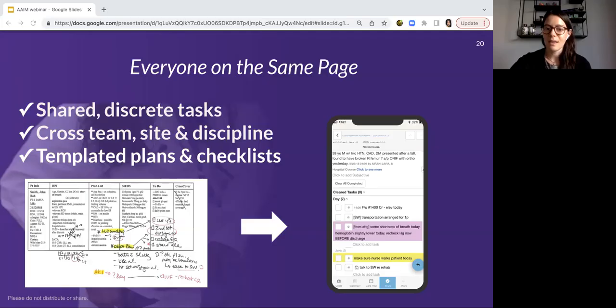And as things get updated, there's no way to share that without wasting a lot of your time or physically handing things back and forth. In a system that's so team-based, CareAlign allows you to have this shared list that just doesn't exist otherwise, or at least hasn't existed in the EMRs that I've used.